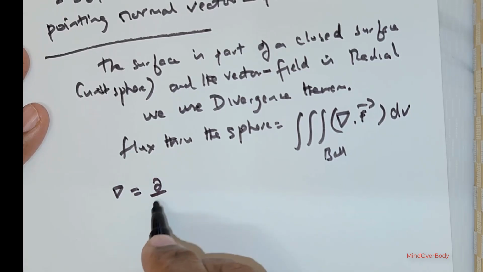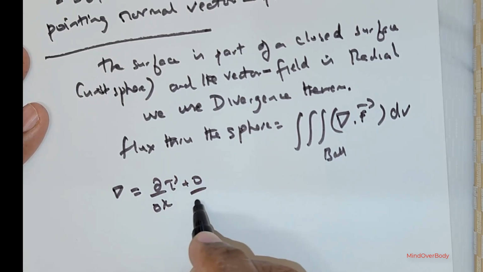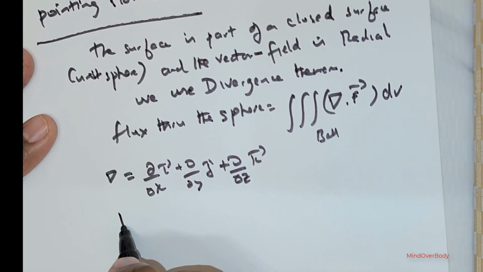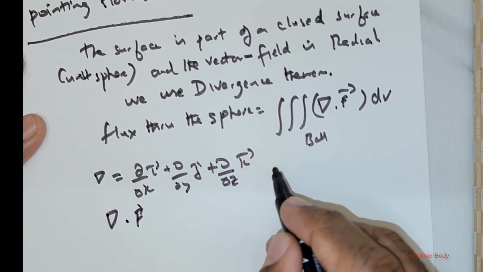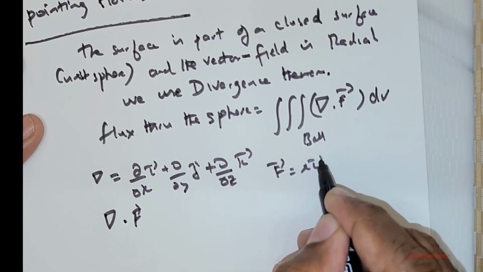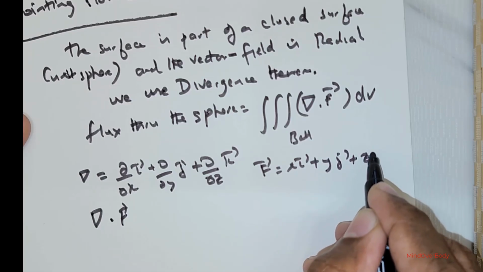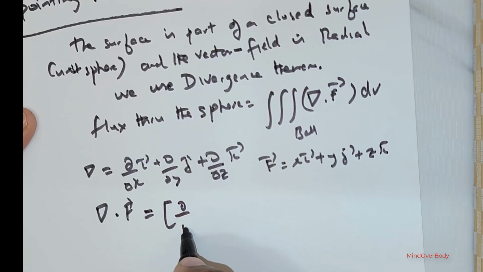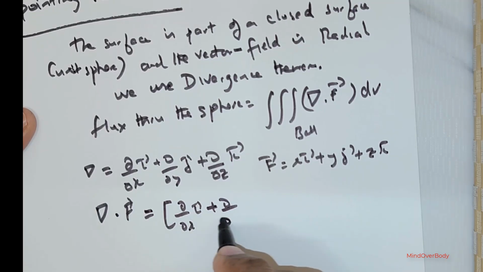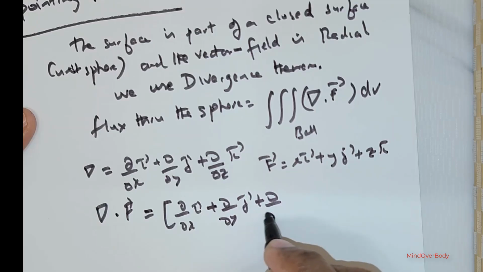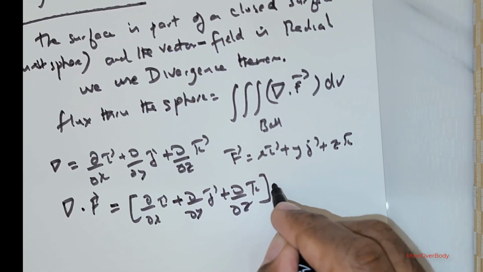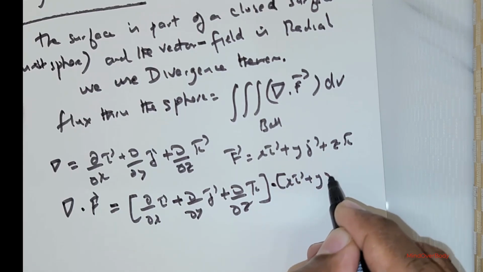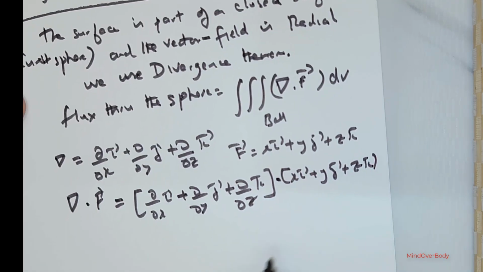Now del is dou over dou x i vector + dou over dou y j vector + dou over dou z k vector. So del dot F is dou over dou x i + dou over dou y j + dou over dou z k dotted with x i + y j + z k.